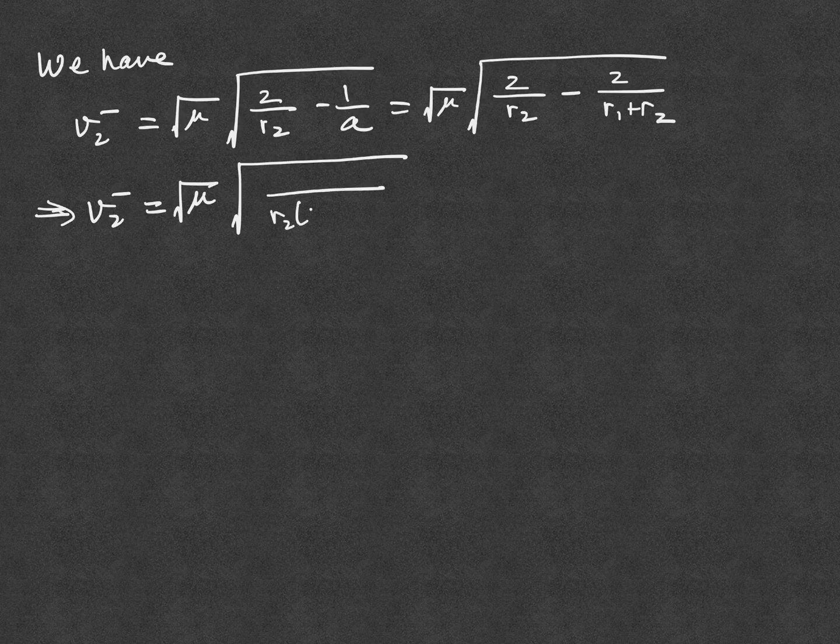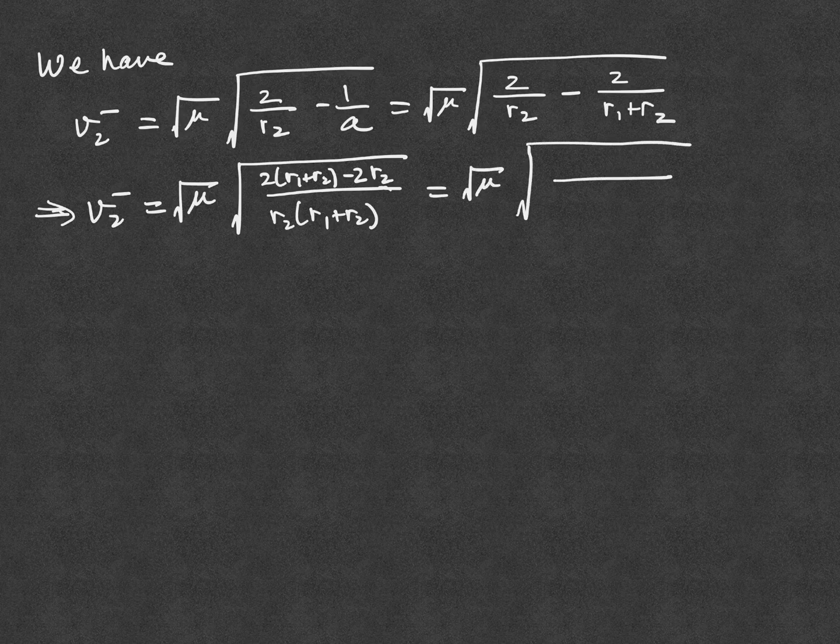We have r2 times r1 plus r2, and we have 2 times r1 plus r2 minus 2 times r2, which is equal to the square root of mu times the square root of r2 times r1 plus r2, and in the numerator we have 2r1 plus 2r2 minus 2r2, so we get 2r1.